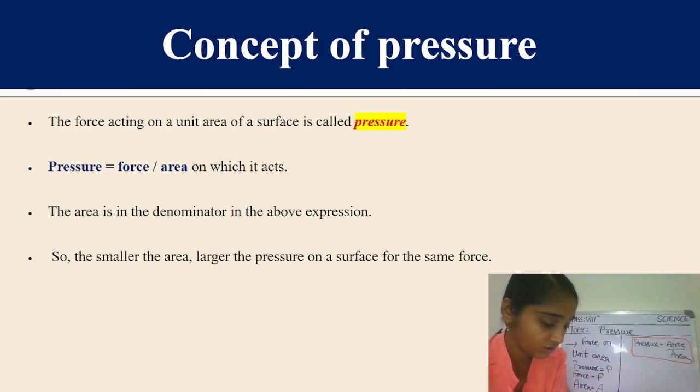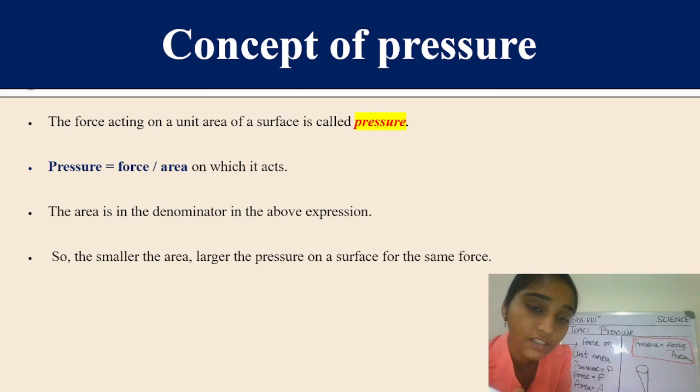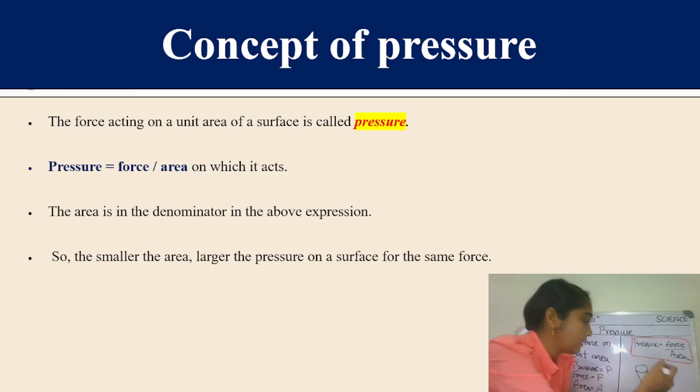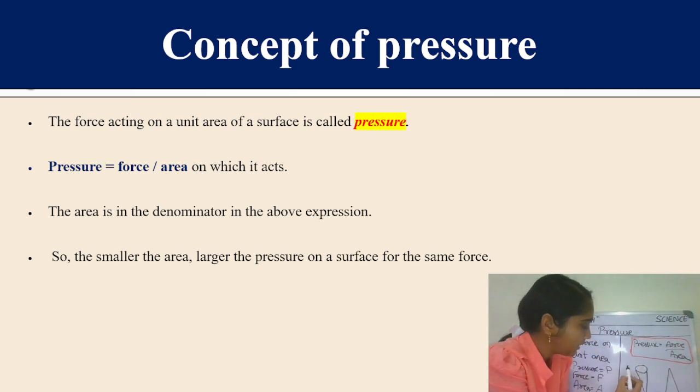So students, what do you think in the case of that iron nail? In which case will the pressure be less? Yes, this is the iron nail, students, and you can think of this as the hammer.